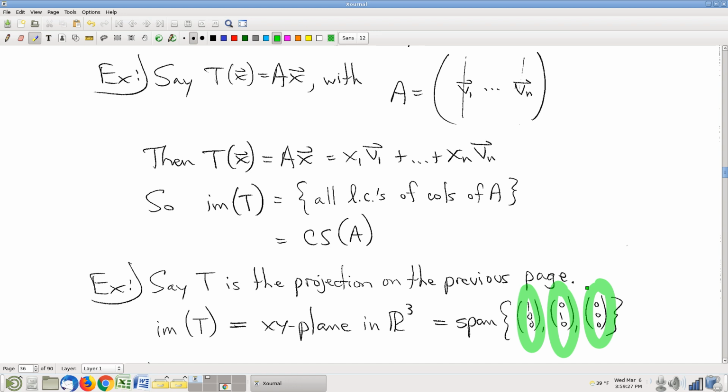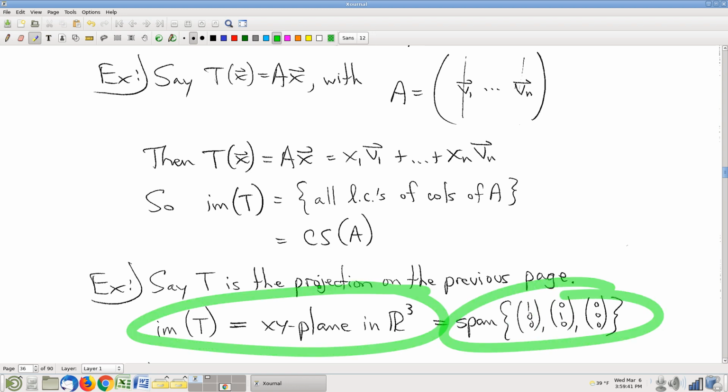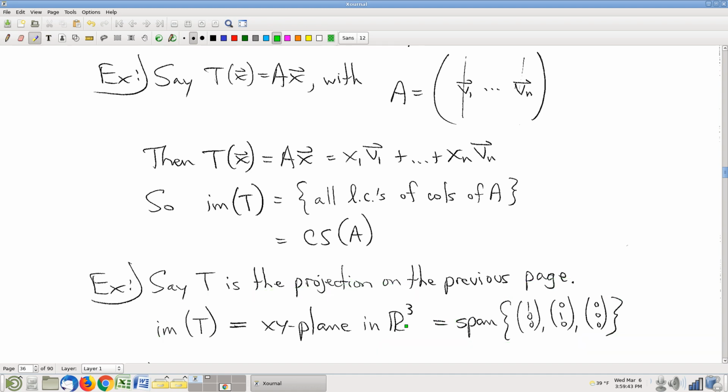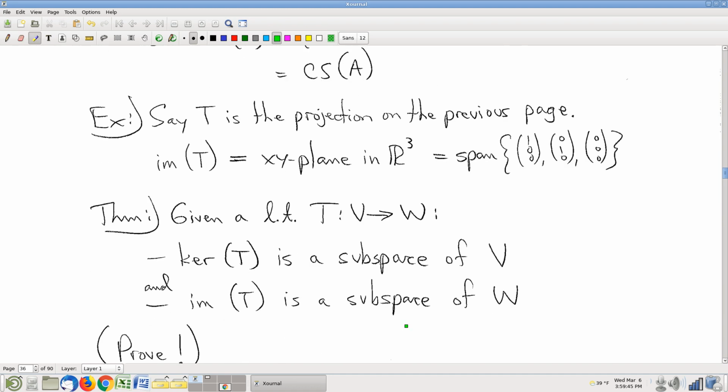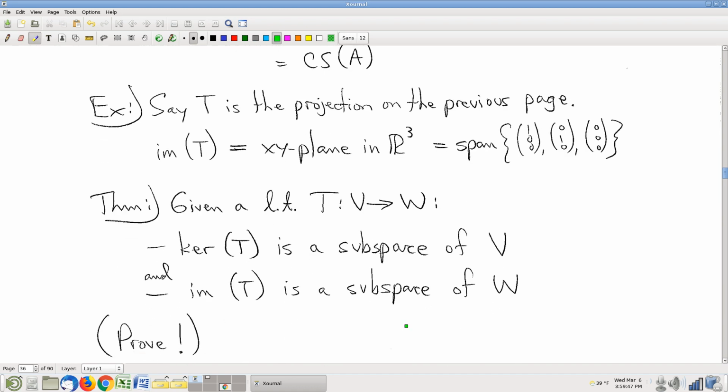And then, thirdly, (0, 0, 0), which doesn't do anything. It doesn't contribute to the span at all. So, as expected, the span of the column vectors gives us the image. Okay, so just an example of that in action. A couple more exercises for you guys to work on. I think these are nice exercises.